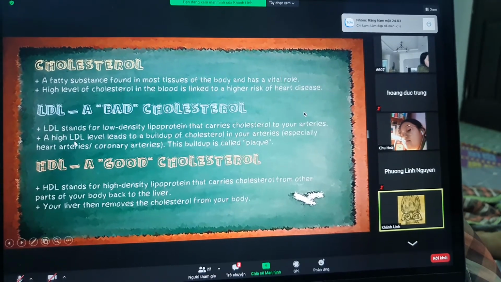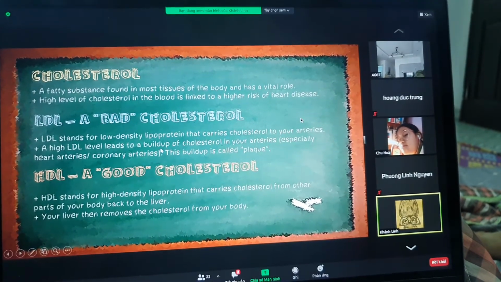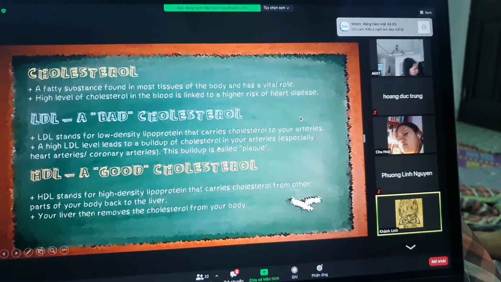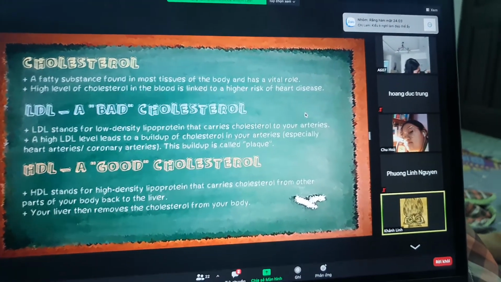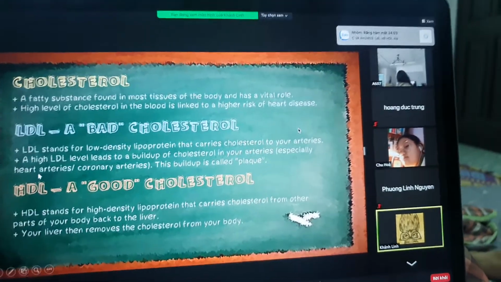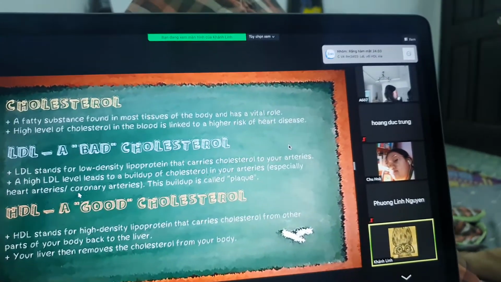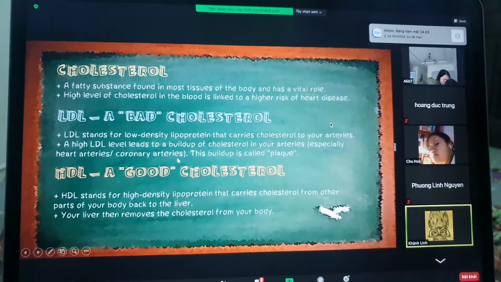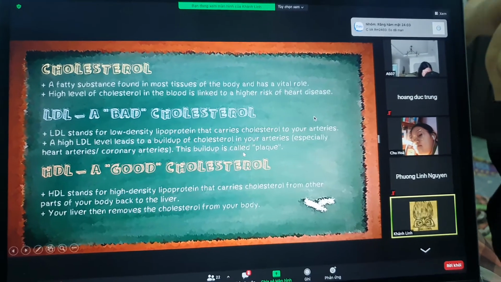A high level of LDL leads to a buildup of cholesterol. You can imagine it is like a wall in your arteries, especially heart arteries or coronary arteries. In Vietnamese, it's động mạch vành, động mạch nuôi tim. This buildup is called plaque.